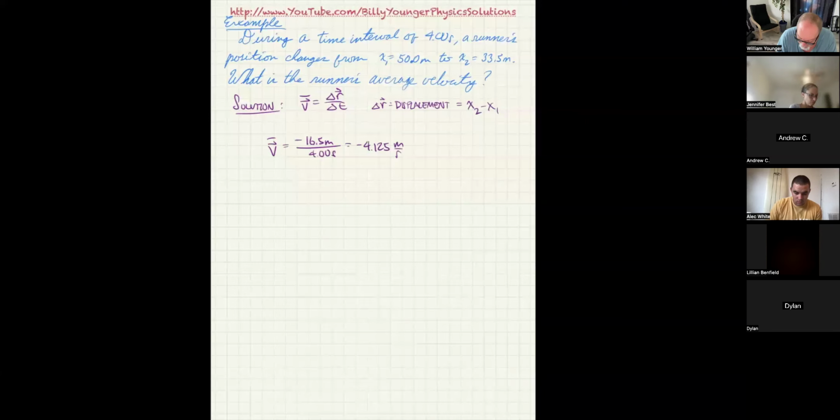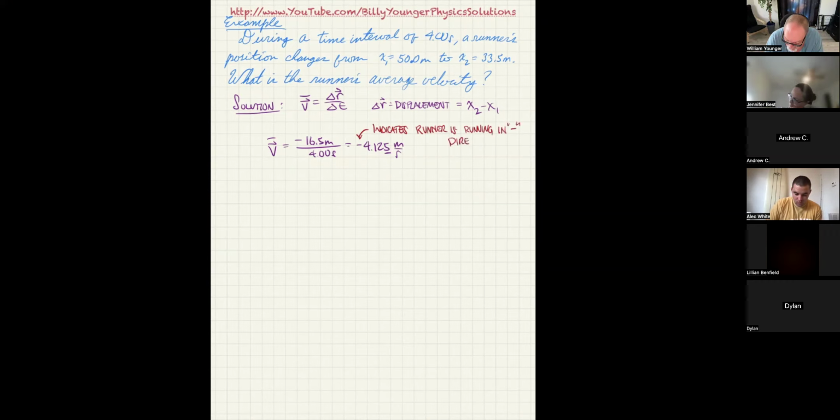But we only had 3 sig figs, so that 5 is a non-significant figure. And notice this negative sign indicates the runner is running in the negative direction. So whatever direction you chose to call positive, he's going the opposite way.